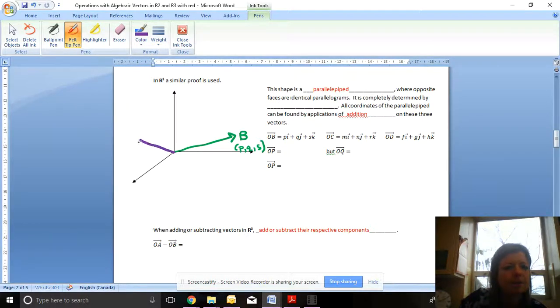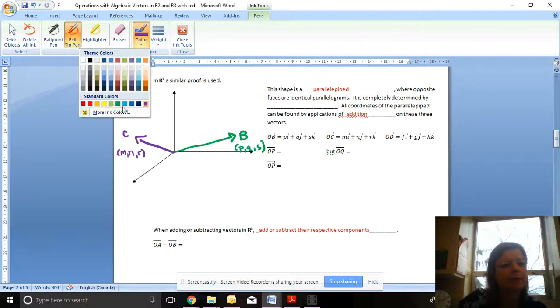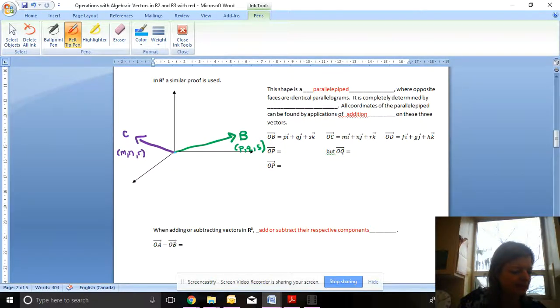Could be anywhere, but I'm just trying to make it so it's not too cluttered. So we're going to call that C, and its coordinates are M, N, R. And then we're going to have a third vector kind of coming out at you here. We'll call it D, and its coordinates are F, G, H.